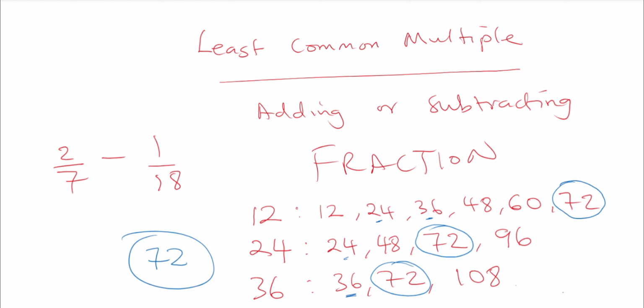If that is the case and you are meant to find the least common multiple of slightly bigger numbers, it can be challenging. So there is an advanced way of finding a least common multiple. And let's go and check that out.